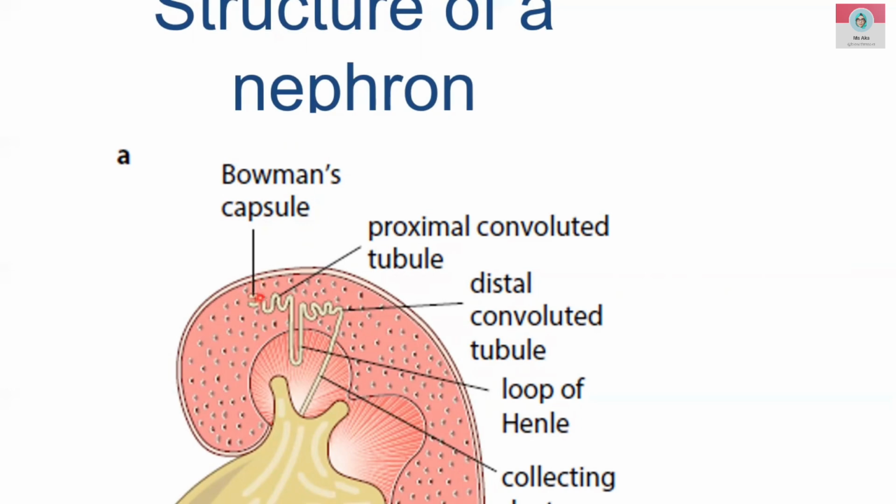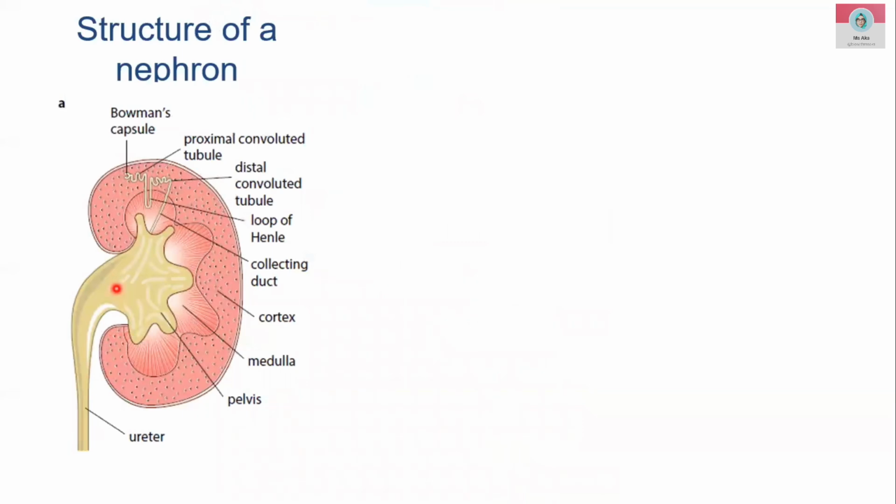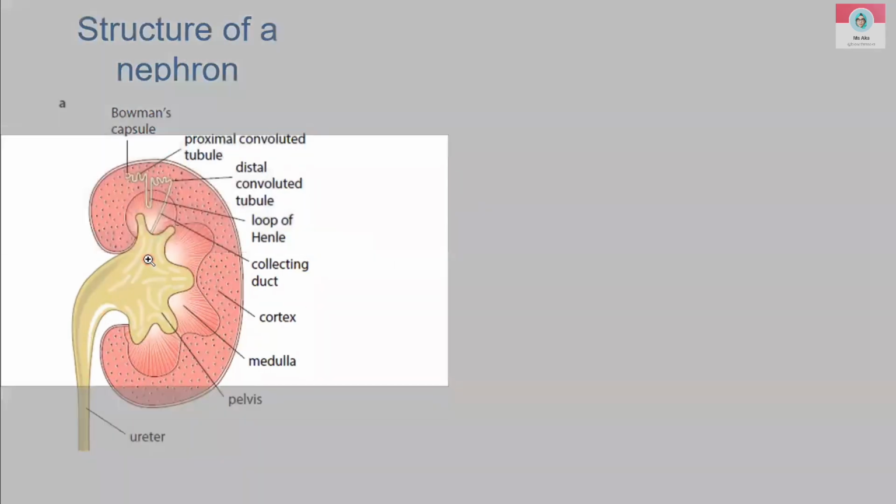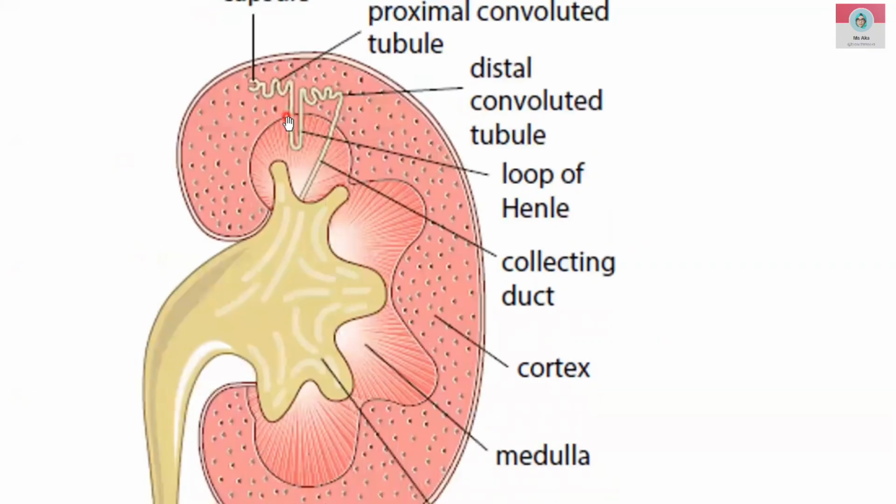The Bowman's capsule is then connected to the proximal convoluted tubule, which is connected to the loop of Henle. The loop of Henle has a descending limb which goes downwards and an ascending limb which goes upwards, and then it is connected to the distal convoluted tubule.